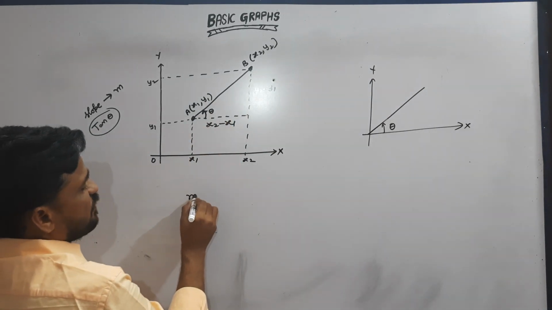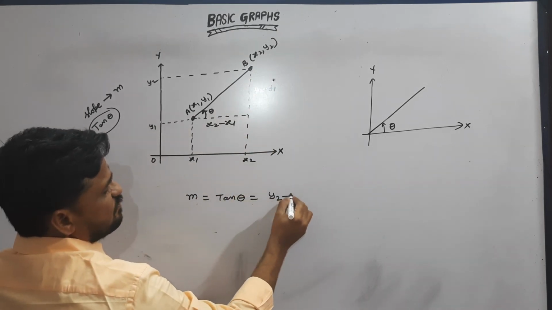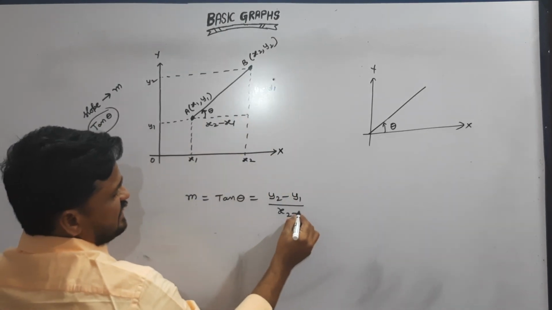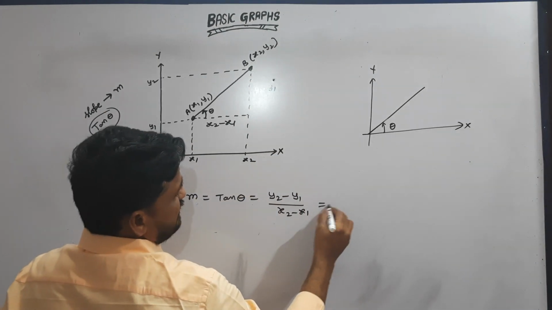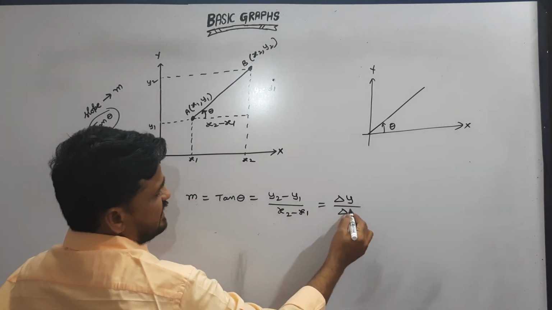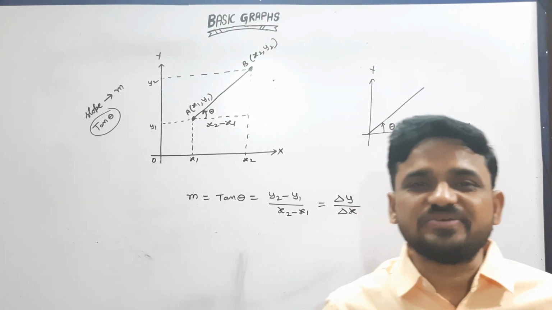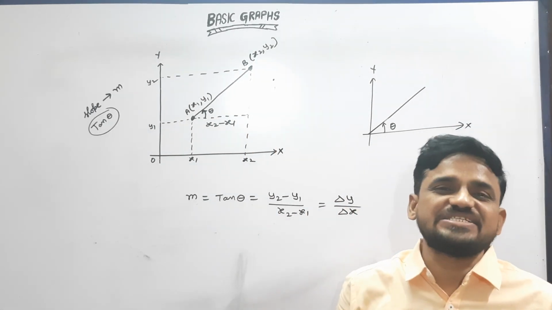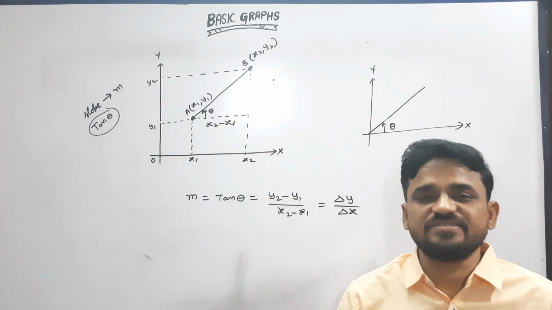So here slope m equals tan theta, which equals opposite side by adjacent side, y2 minus y1 by x2 minus x1. y2 minus y1 means change of y quantity, x2 minus x1 means change of x quantity. Slope gives the change of y quantity with respect to x quantity. That may be a large change or a small change.